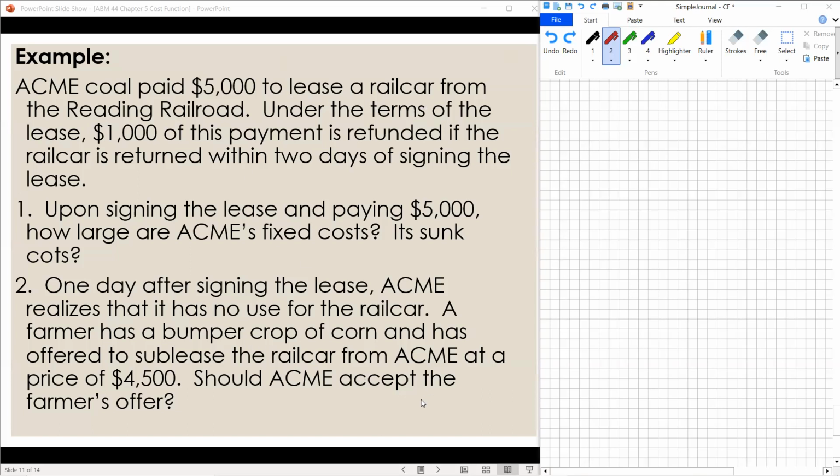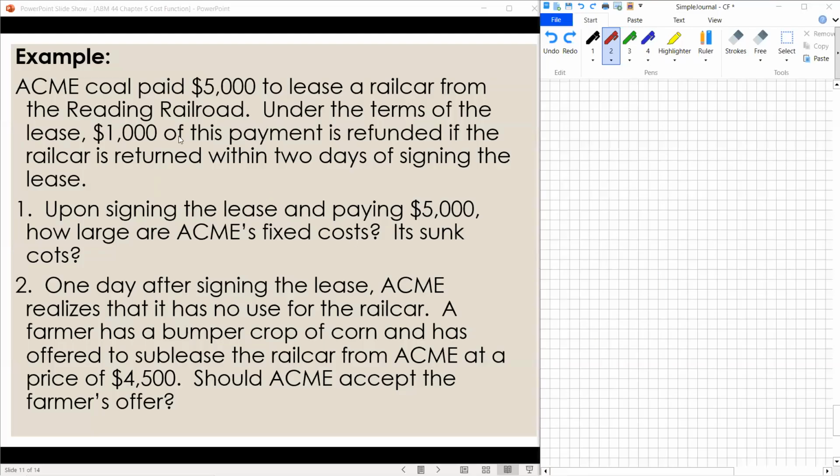Under the terms of the lease, $1,000 of this payment is refunded if the rail car is returned within 2 days of signing the lease. So upon signing the lease and paying 5,000, how large is Acme's fixed cost?